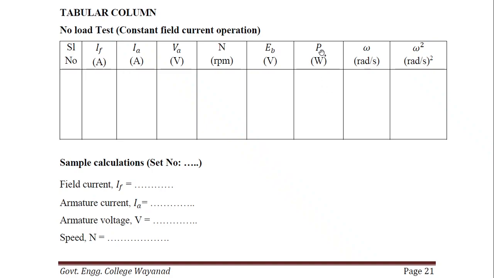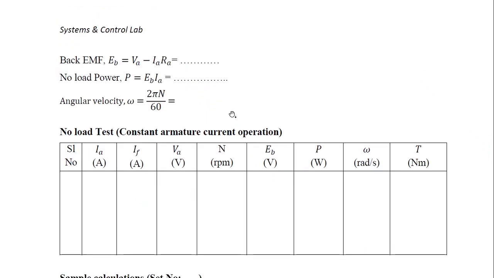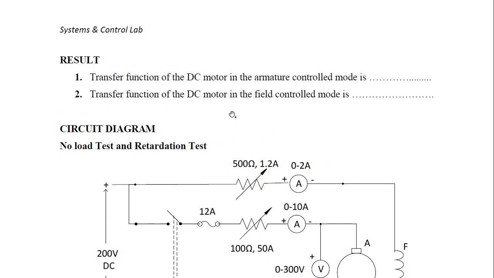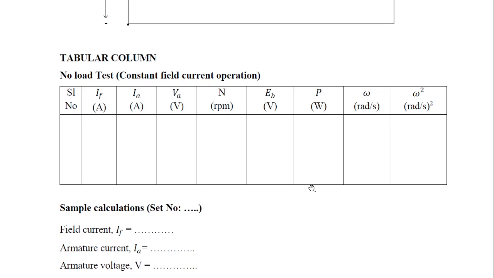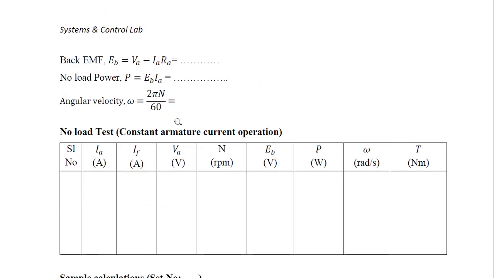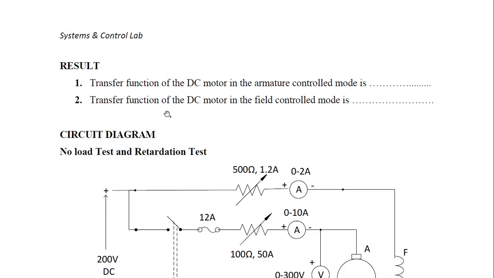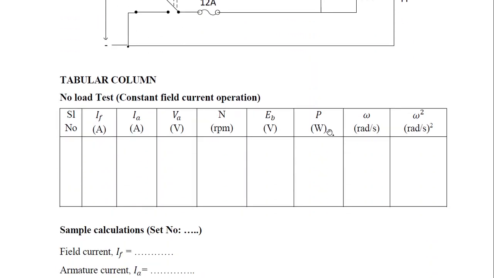Then we will calculate the power, that is EB into IA. So you multiply the values of the EB column with the corresponding values of the IA column, and fill the P column. Then you will get omega from N: omega equal to 2 pi N by 60, and you can fill this column also.